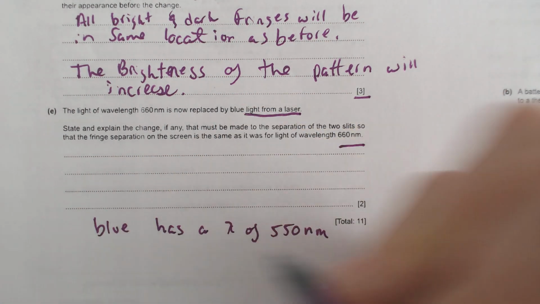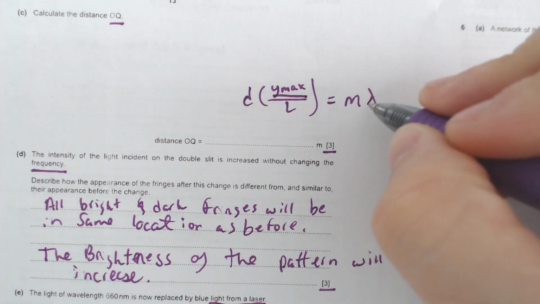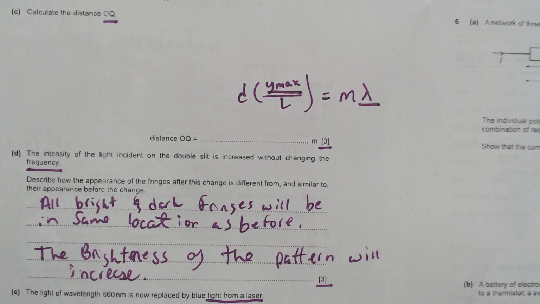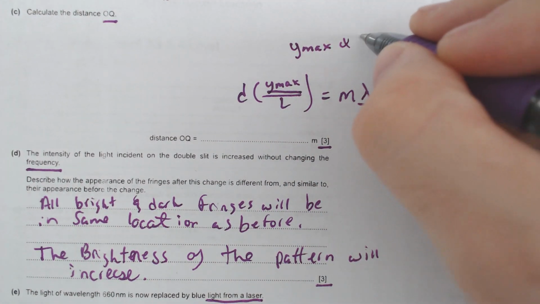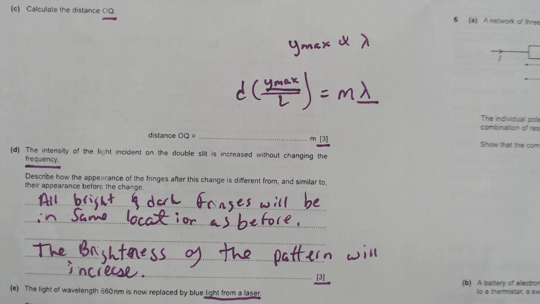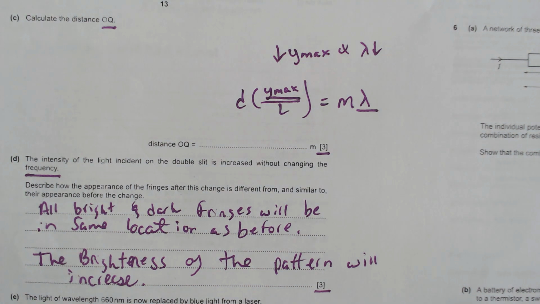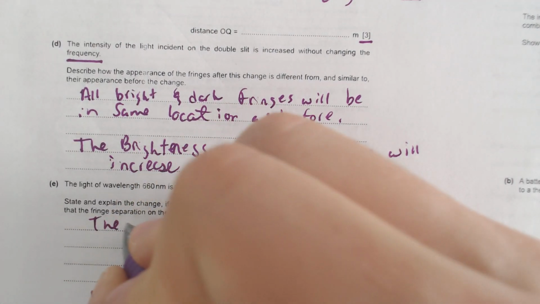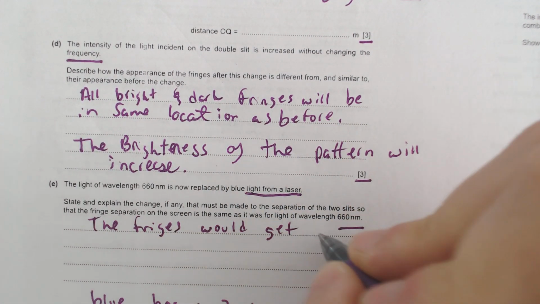So because blue has a shorter wavelength, if we look at the formula, we want the y max to be the same. y max is on the same side as lambda, which means that y max is proportional to the wavelength. If we know that, that means that if the blue wavelength goes down, the y max will also go down. Okay? So the fringes would get closer together.